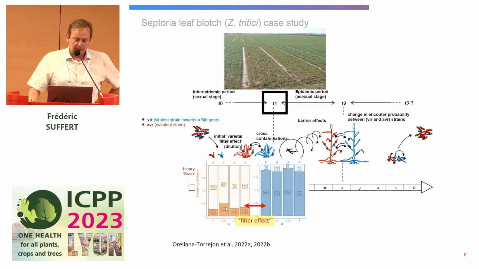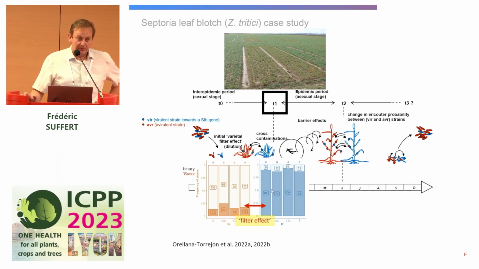You find only a small proportion of virulent strains, corresponding to the proportion of virulent strains in the landscape, and on the cultivar carrying the resistance gene, you have mostly virulent strains.